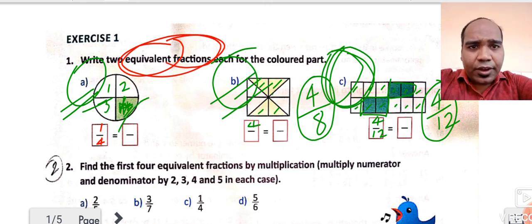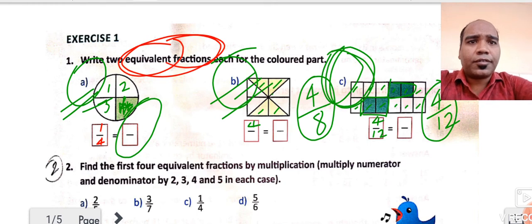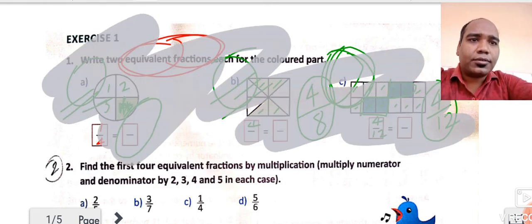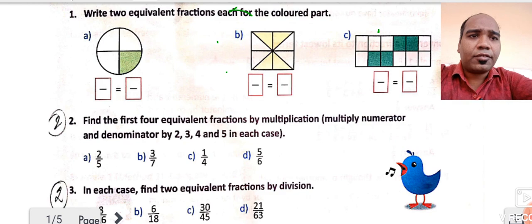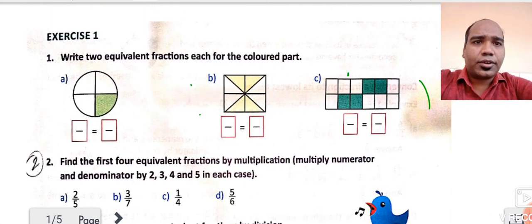And equivalent fraction, I'll tell you how to do this later on, in the next class. What is equivalent fraction, how can we write equivalent fraction, all this I'm going to tell you in the next class.